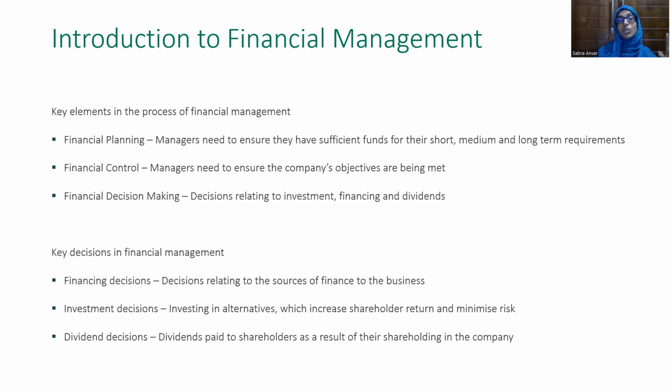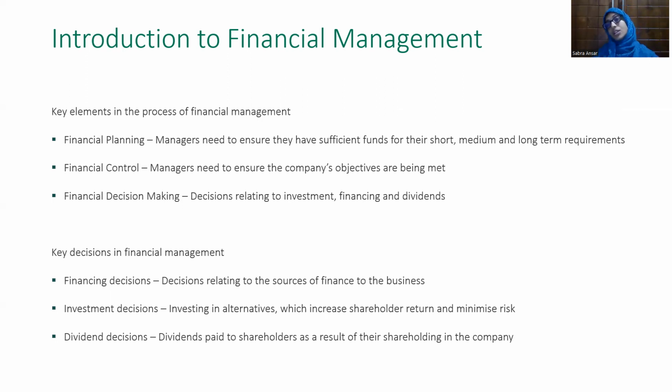Now we'll go through the key elements in the process of financial management. As I explained what financial management is, I talked about planning, control, and decision making. These are the main key elements under financial management, as you can see.